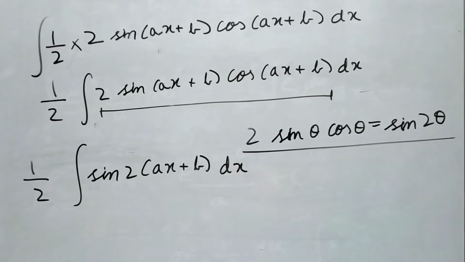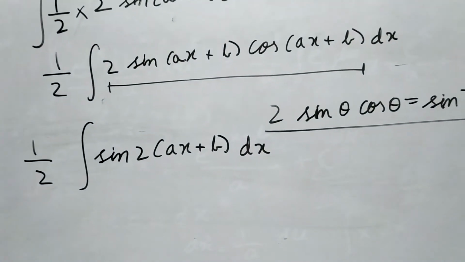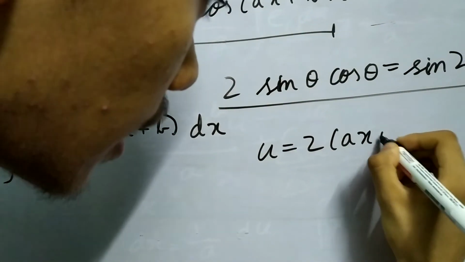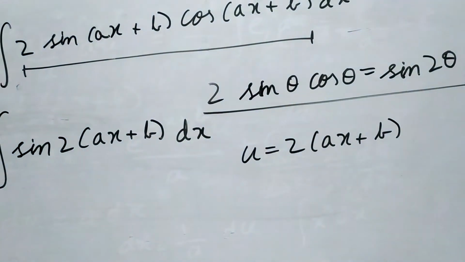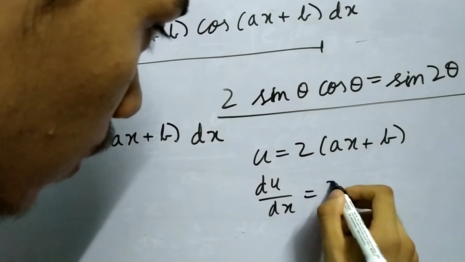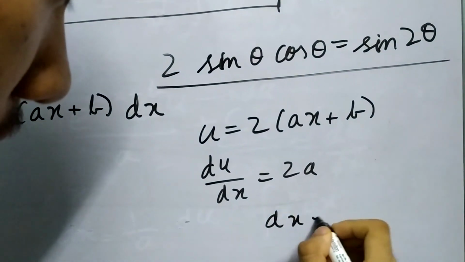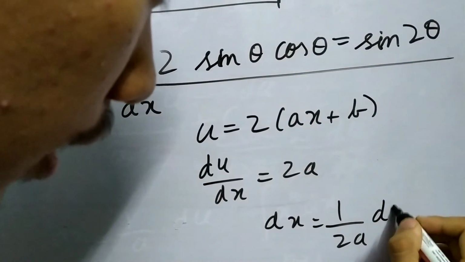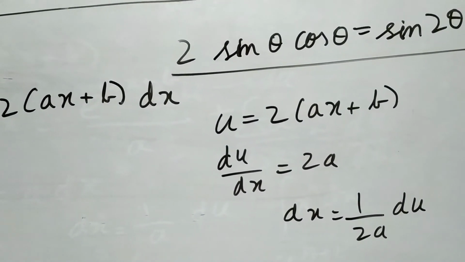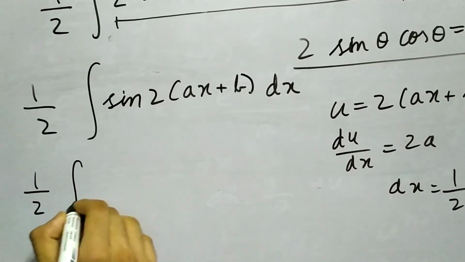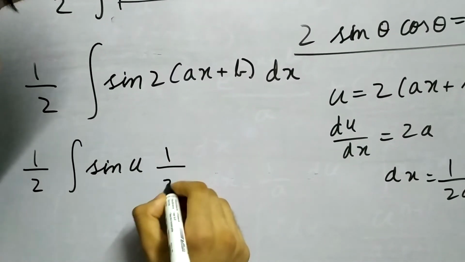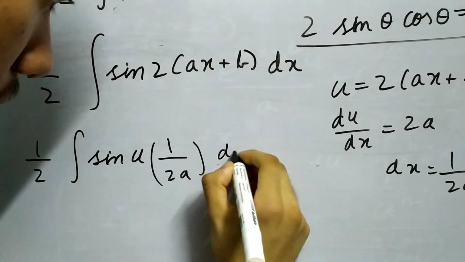Using this result, we now define u to be 2 times ax plus b. Differentiate with respect to x, get 2a. So dx is 1 by 2a du. Just to replace them, we get 1 by 2 integral sine u, dx is 1 upon 2a du.